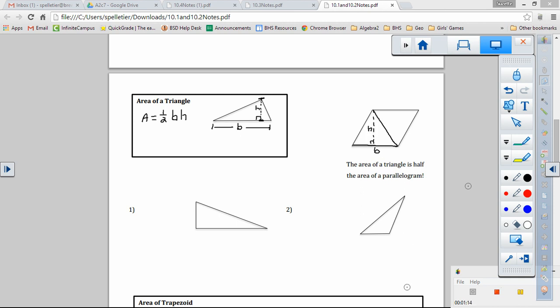But I don't want the whole parallelogram. I don't want all of this area. I just want this half of it, and I don't want this half of it. So when you're finding the area of a triangle, you have to do half of base times height.